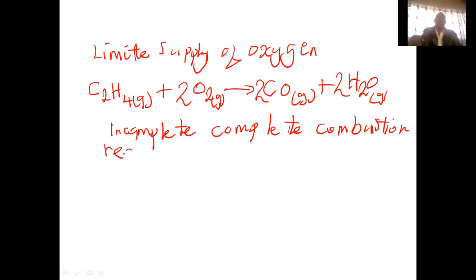Because of incomplete burning of the ethene in oxygen, you produce a poisonous gas, which is carbon monoxide. So you have ethene here, you have oxygen, and you have carbon monoxide.